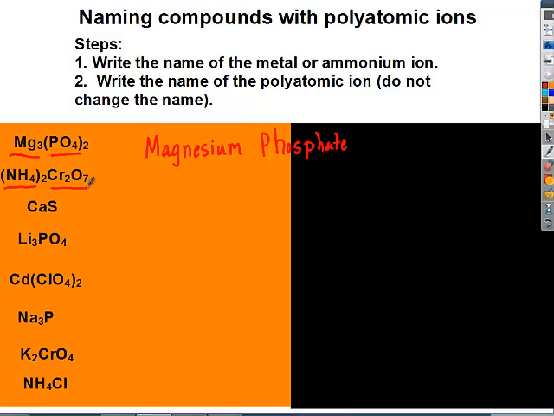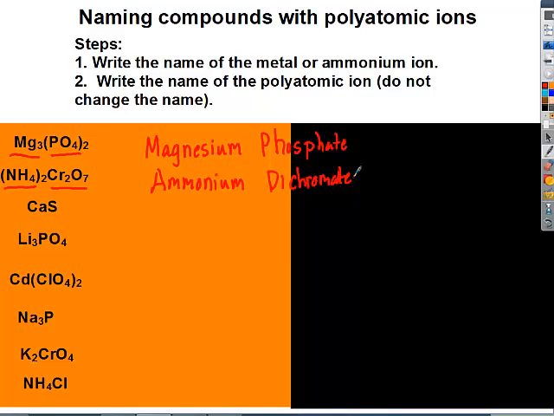So I'm going to write the word ammonium. Cr2O7, that's a big one, so that has to be a polyatomic ion. So I'm going to look on the back. There it is. Cr2O7, -2. That is called dichromate. And I'm going to write dichromate. Nailed it.